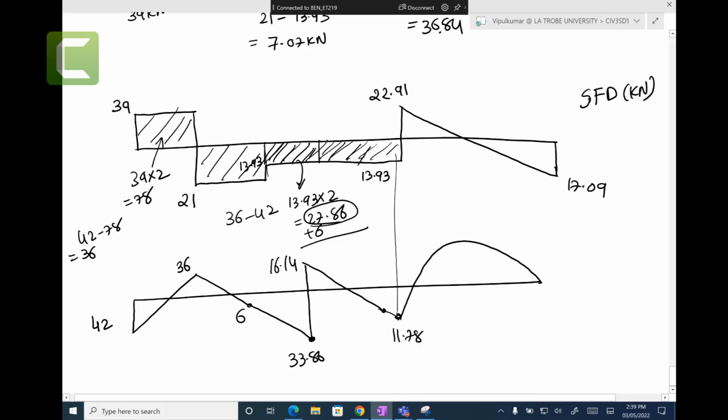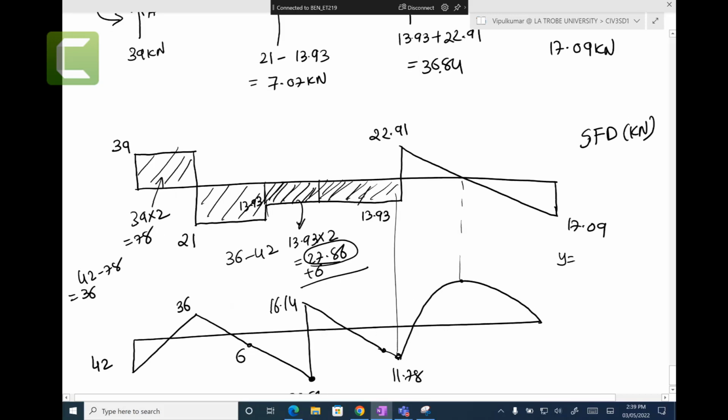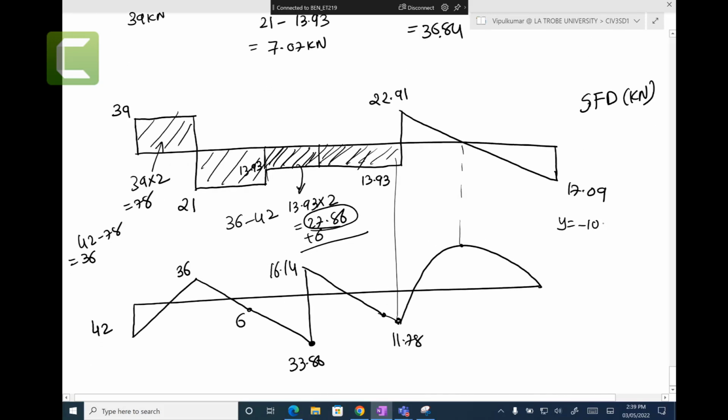And this guy's here. Now, if you want to find this one, y is equal to, what is the slope? Slope is 10x plus 22.91. So 22.91 divided by 10, which is 2.291.